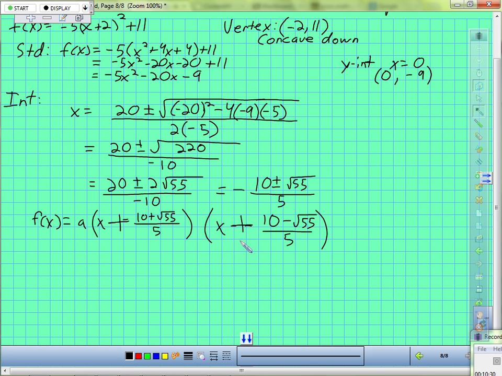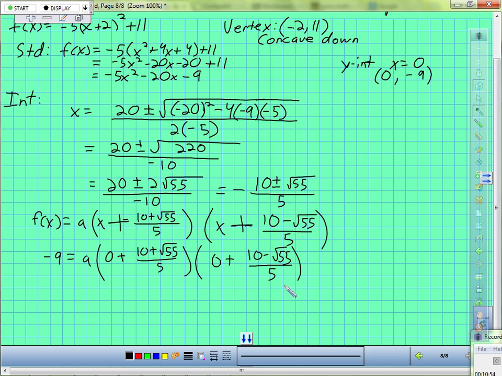Okay. So, -9 is equal to A. Then I've got 0 plus 10 plus radical 55 over 5. And 0 plus 10 minus radical 55 over 5. I'm just plugging in. Yes.